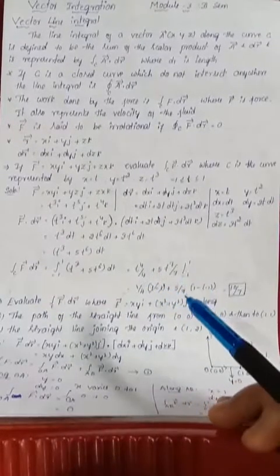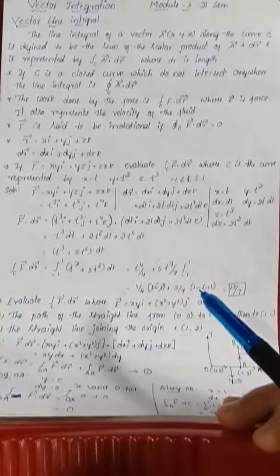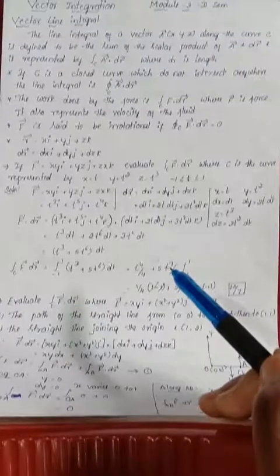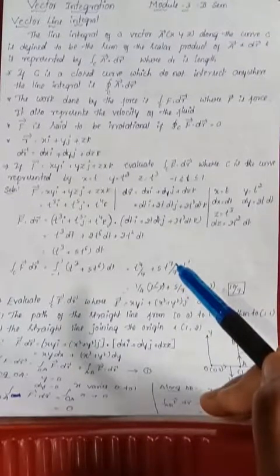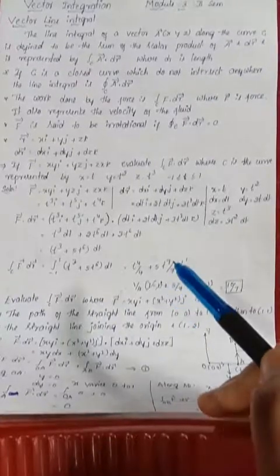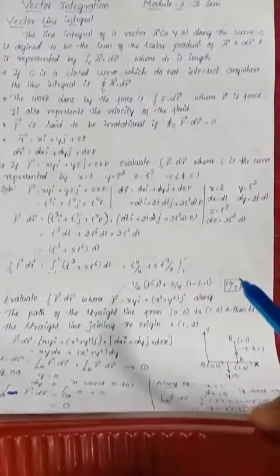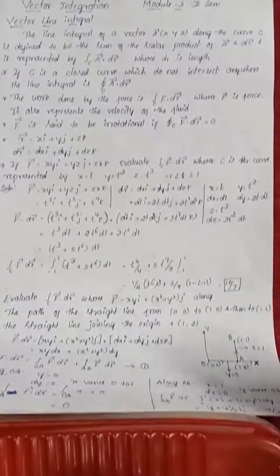Plus 5 by 7 into upper limit 1 power 7 is 1 minus lower limit t is -1 whole power 7. So power even, we get +1. Here power is odd, that's why we get -1. Simplify, we get 10 by 7.